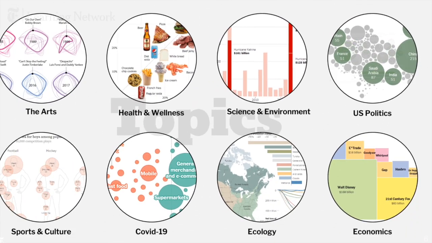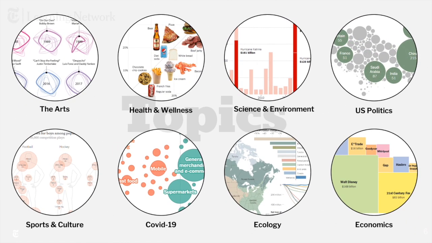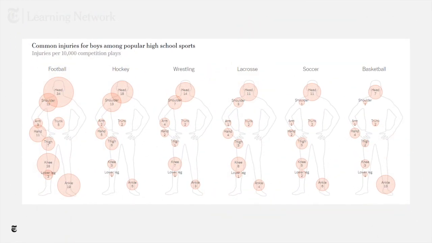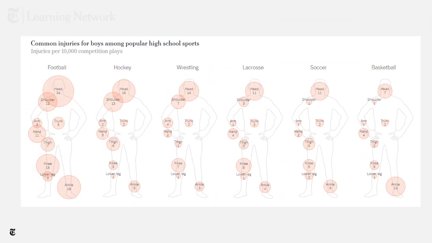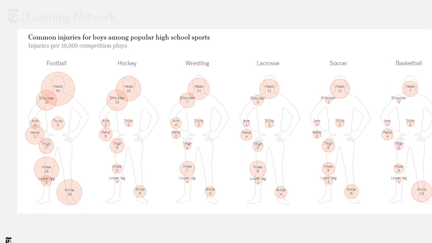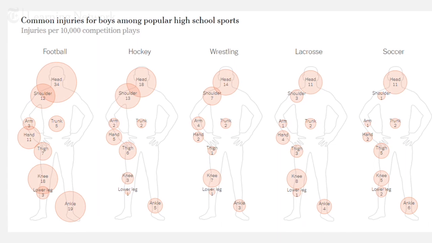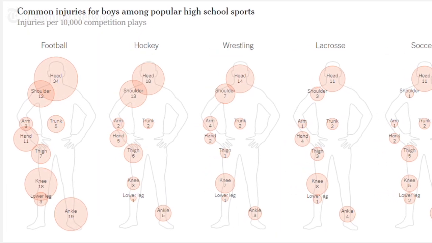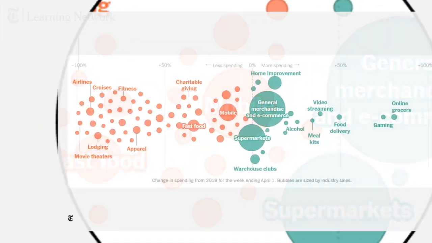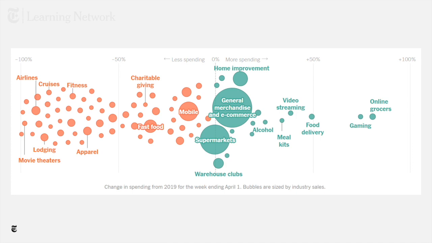Bottom row is injuries by high school boys, by sport, by part of body. This is an interesting one because they're all absolute numbers, but what you really needed to do was talk about percentage differences. The next one is on retail sales, changes in retail sales in the pandemic.